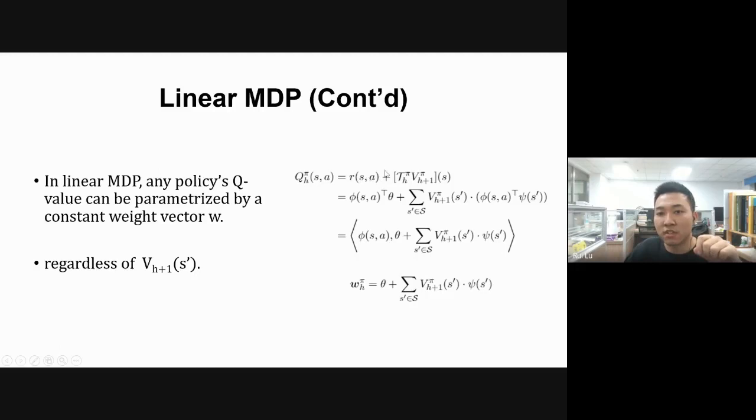Since the reward is linear in phi SA, and the transition dynamics is linear in phi SA too, you can extract this common term, and all the rest is a constant vector. Which means if you know an MDP is a linear MDP, then to learn a good policy, or a good Q value estimation function, you just need to learn a constant vector. And this property holds regardless of what the value function of the next state h plus 1 is.